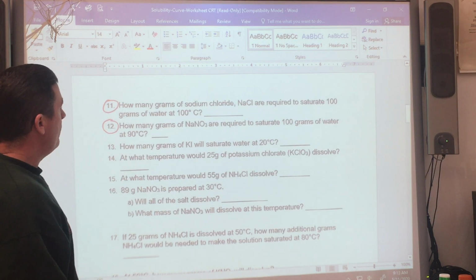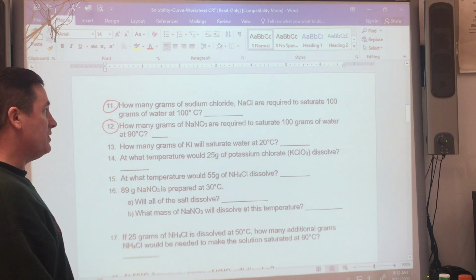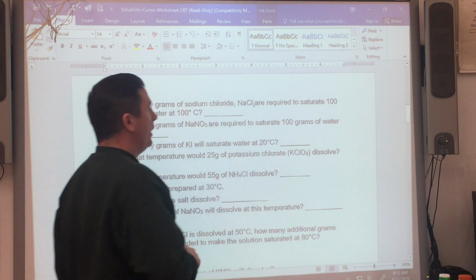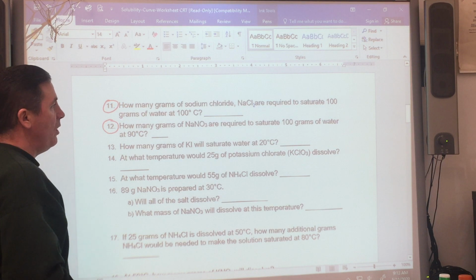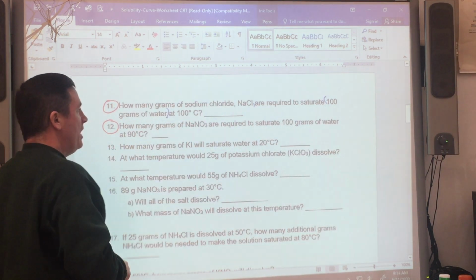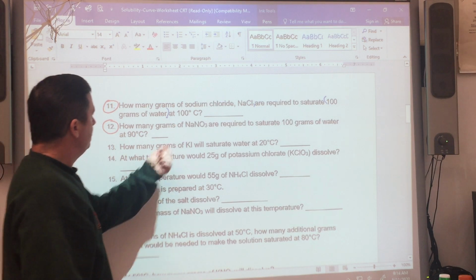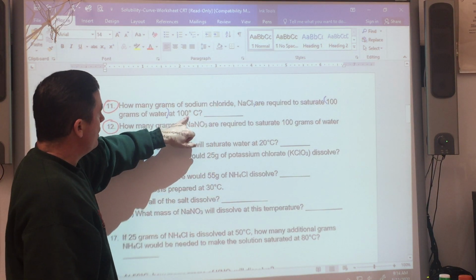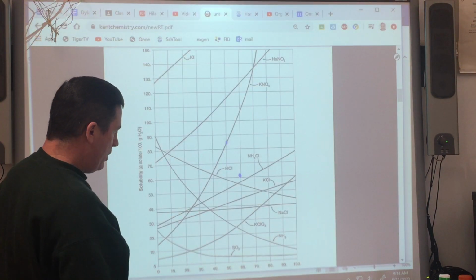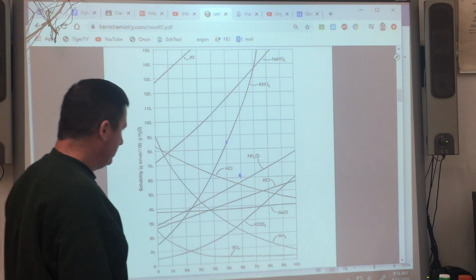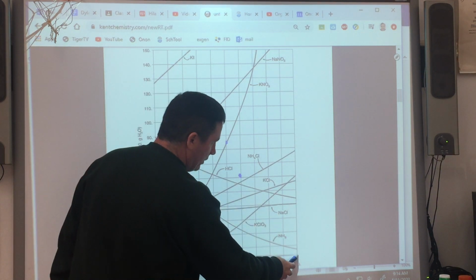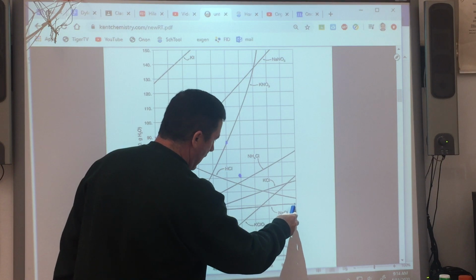Number 11. How many grams of sodium chloride, NaCl, are required to saturate 100 grams of water? So this isn't any different, 100 grams of water at 100 degrees Celsius. So I'm looking for 100 degrees Celsius, sodium chloride. Follow 100 till it hits the line. Boom, right on the line.